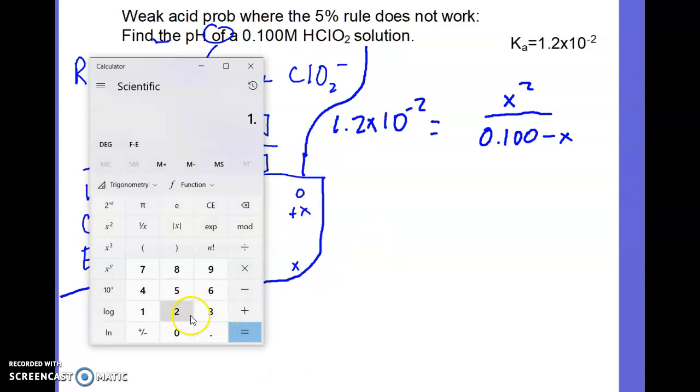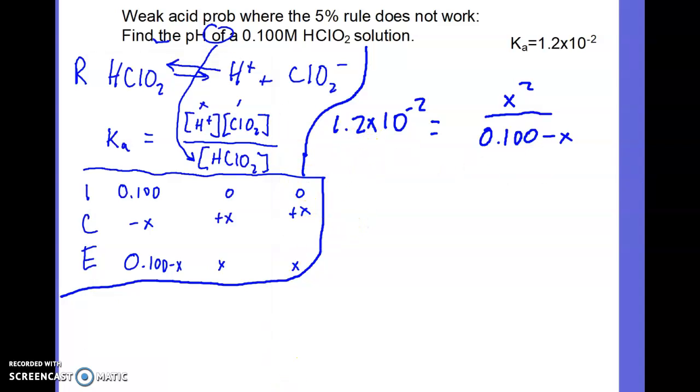I guess I didn't need a calculator for that, but it's going to give me 1.2 times 10 to the negative third, right? And then minus 1.2 times 10 to the minus second x is equal to x squared.